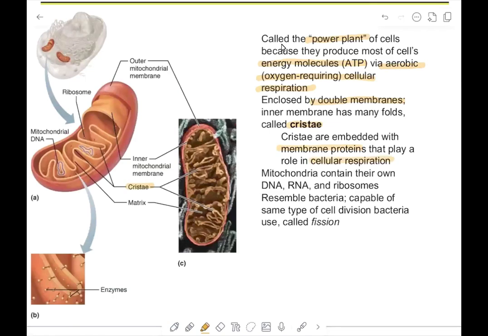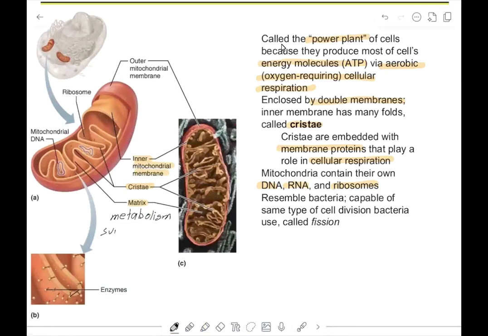The mitochondria contain their own DNA, RNA, and ribosomes, which makes them very unusual organelles, because really the only other place we find DNA is in the nucleus. So they resemble bacteria. Within the mitochondria, the cristae are located in the inner mitochondrial membrane. There's an area called the matrix, which is where a certain type of metabolism happens.